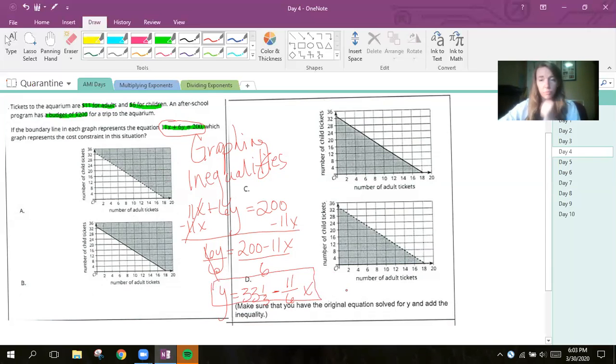Now, if we're going to try to match that, we have to find the one where it has a y-intercept of 33 1/3, because we know the number by itself is the y-intercept, and the number that's paired with my x is going to be my slope. Let's label those really quickly so that we can remember that.